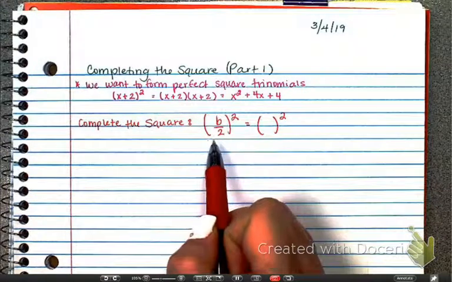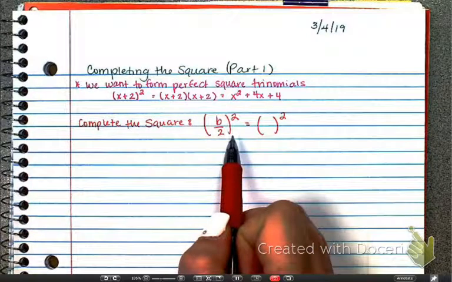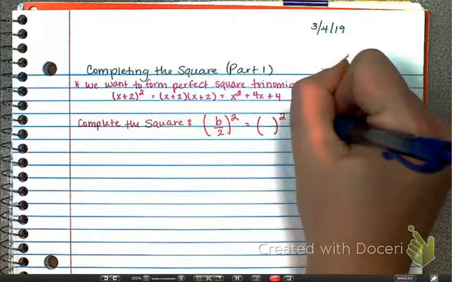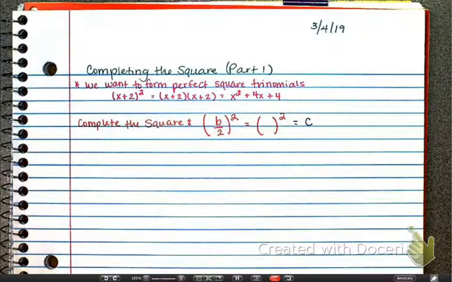This is important. And like I said, we're doing one step today. We're going to keep it really basic today, and then we'll do the actual solving tomorrow. And this is ultimately going to be our C term. So we're solving for C. We're trying to figure out what I can plug in for C that makes my quadratic equation a perfect square.